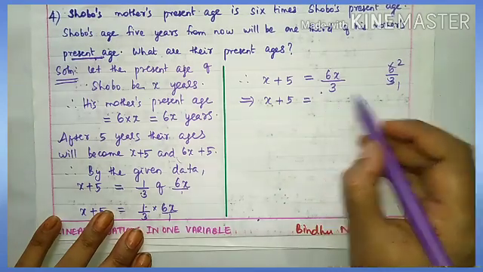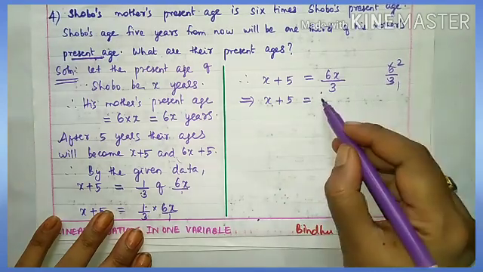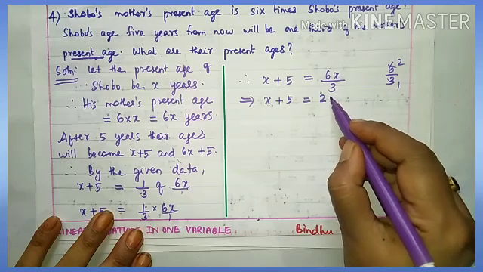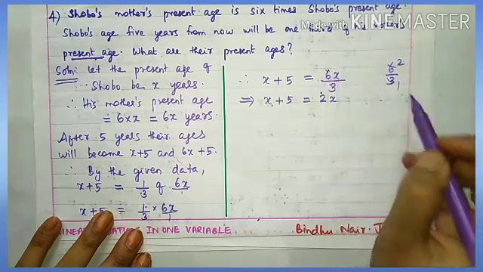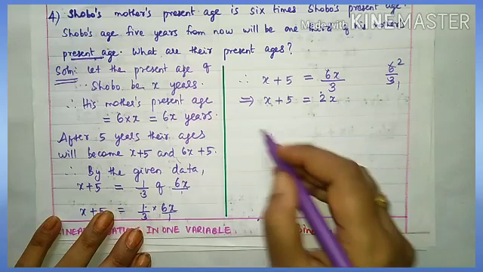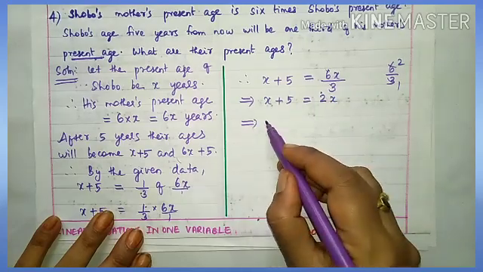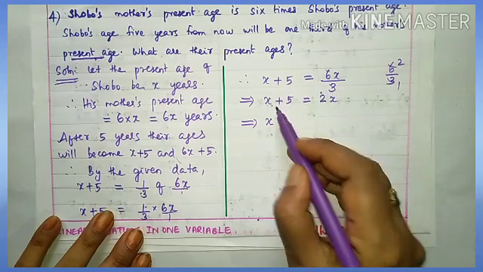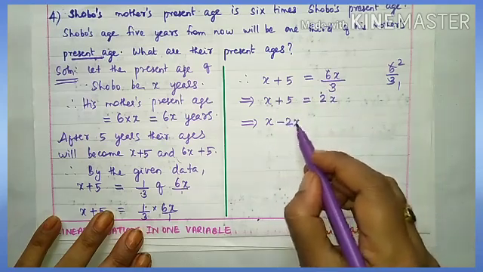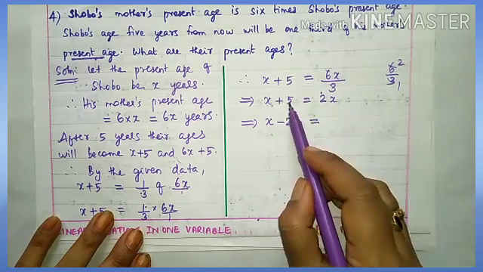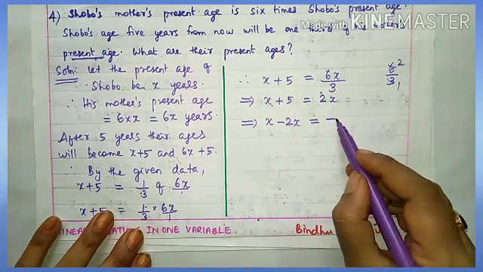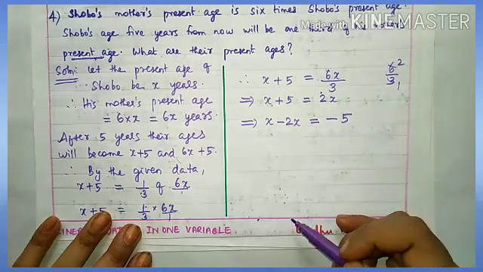So 6 by 3 means 2. So it can be written as 2x. We are reducing 3 and 6. 2x. Now you bring all the x on one side. What happens? x, 2x comes here. It becomes x minus 2x equal to, this plus 5 transposed here, it becomes minus 5. Okay.